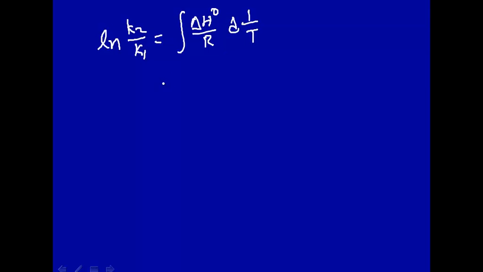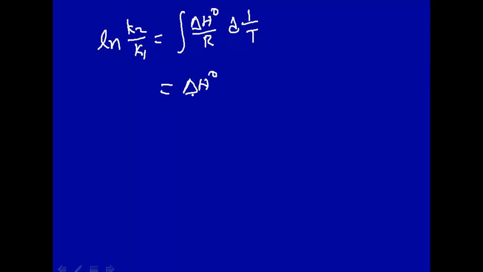On the left-hand side, we get the natural log of K2 final over K1 initial. That's the integral of delta H0 over R d(1 over T). Now, R is a constant, so we can pull that out. But let's assume that delta H0, the standard enthalpy of the reaction, does not depend on temperature. So we can pull that out.